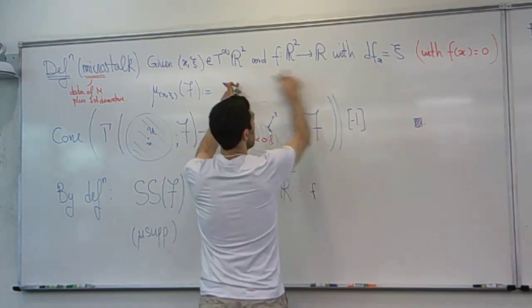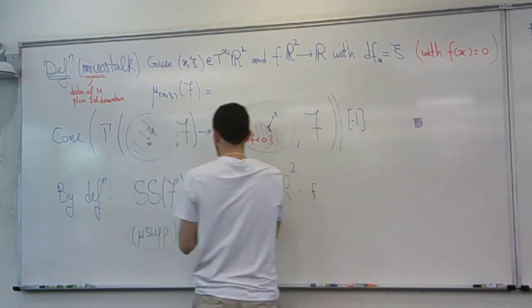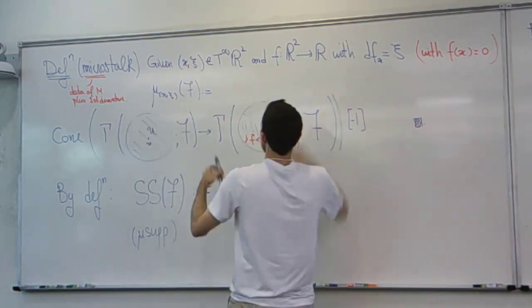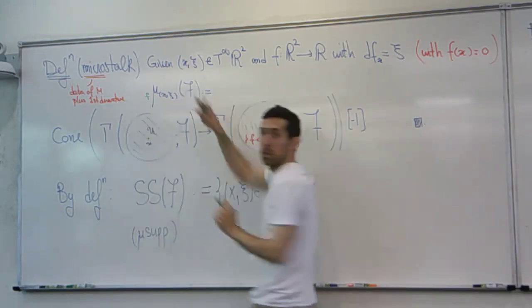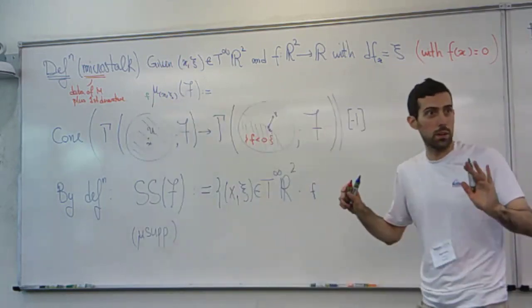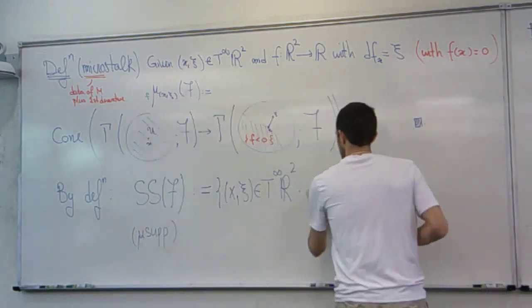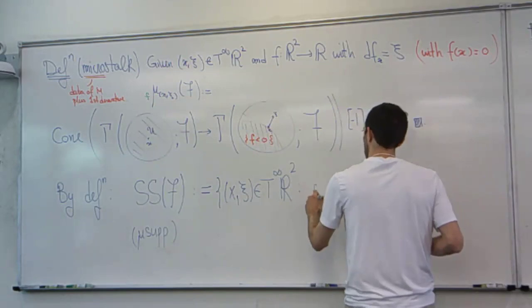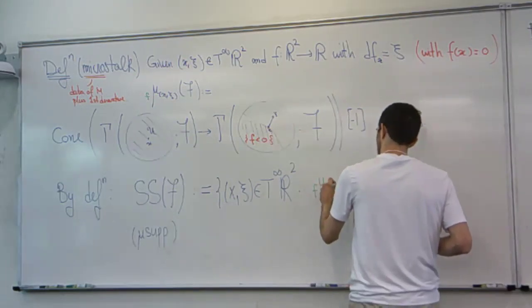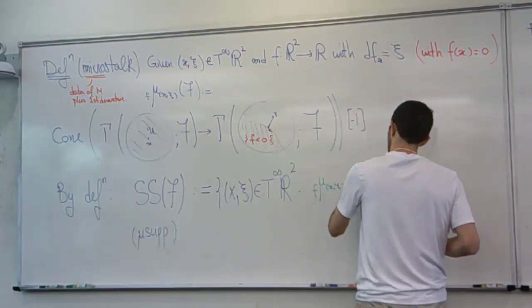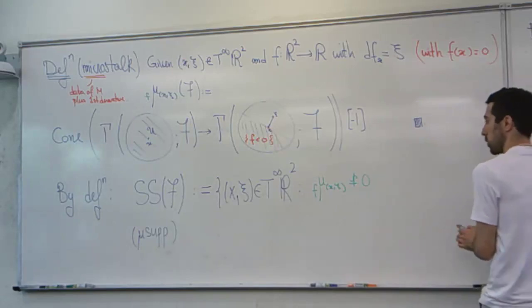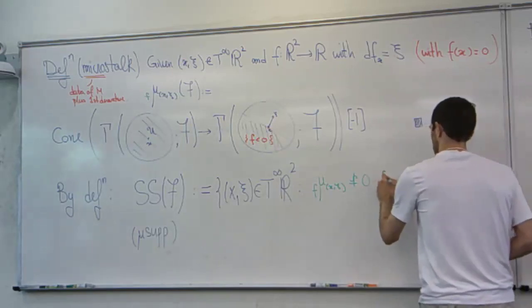Maybe I should make it clear: here there was a choice of F. Let me color code this. There was a choice of F here, so this a priori depends on F. So such that the microstalk for some function is non-zero.